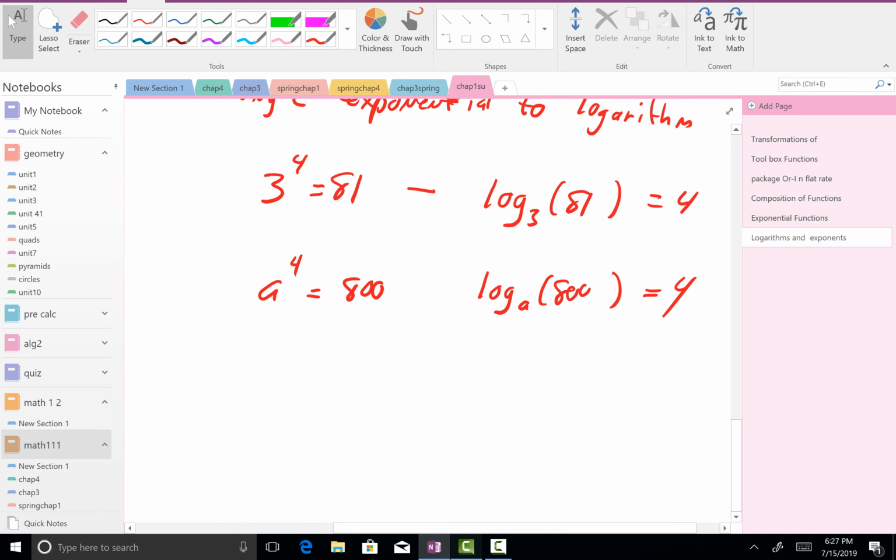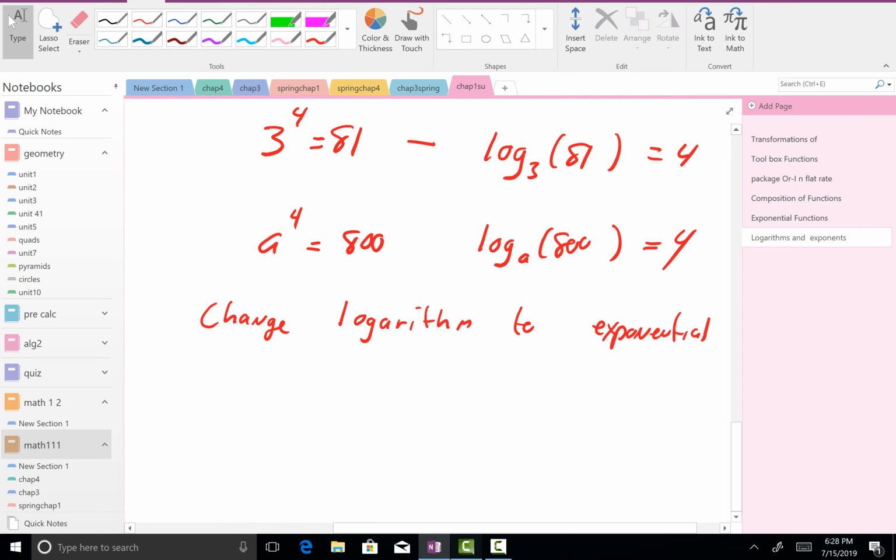So they'll have us go the other way. Change logarithm to exponential. I'm going to use 3 because I did it with 3 already.